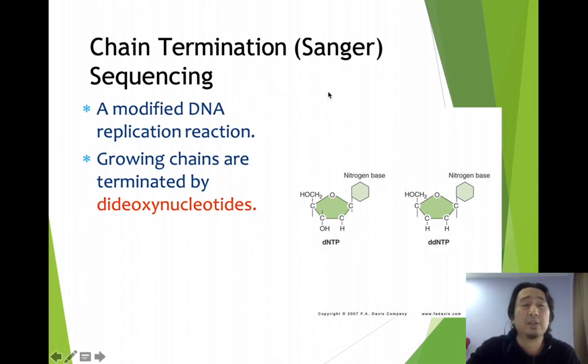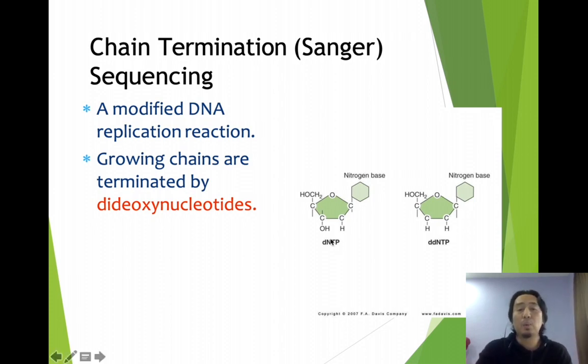In this chain termination, Sanger modified the DNA replication instructions, and growing chains are terminated by dideoxynucleotides. So in the PCR, PCR is like DNA replication.